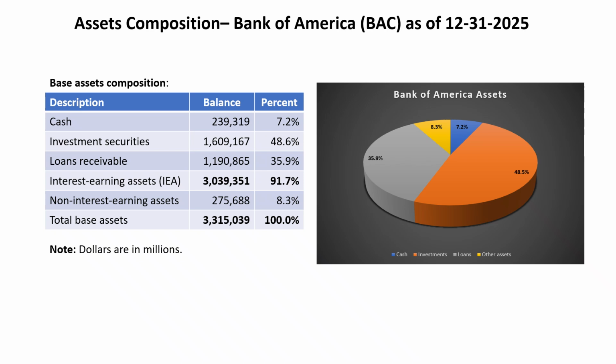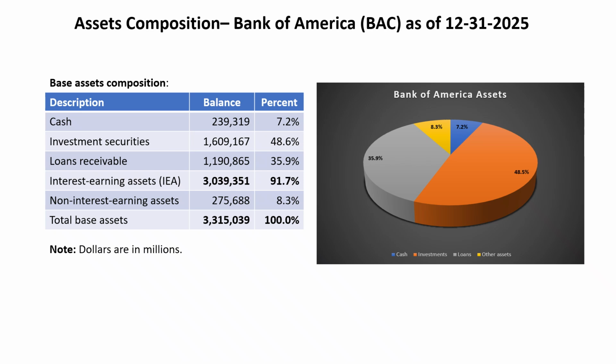This slide takes a look at Bank of America's asset composition. So if you go to its balance sheet and ask the question, where is this money going? We can see that based on the table to the left, we have 239 in cash. That's about 7% of assets.